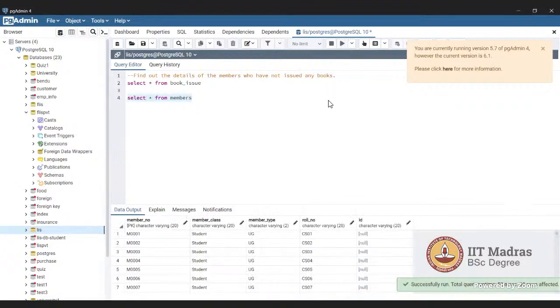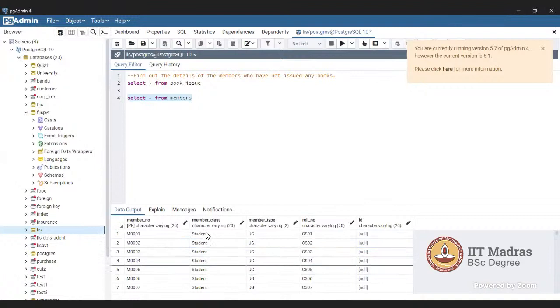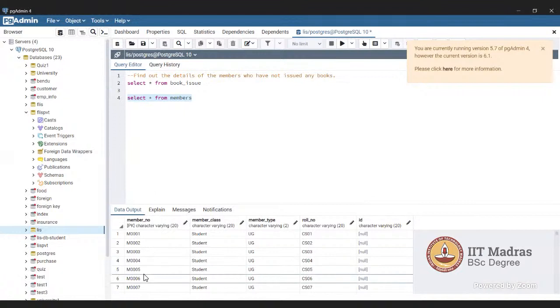In this table, you will get member numbers, then class, member types, roll numbers and the ID. The question is to find out only the details of the members who have not issued any books. So what is your approach? Can you tell?